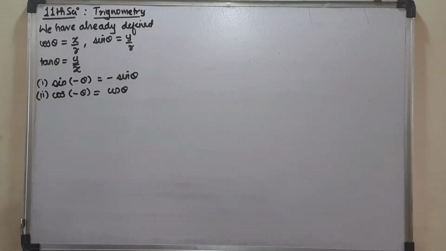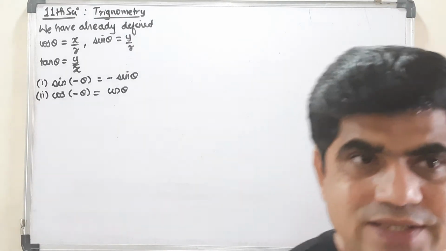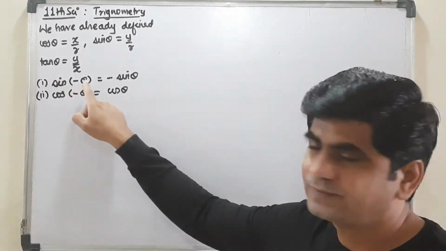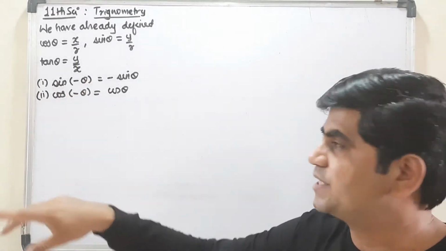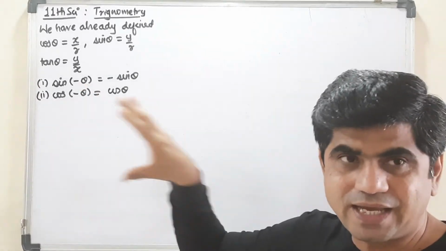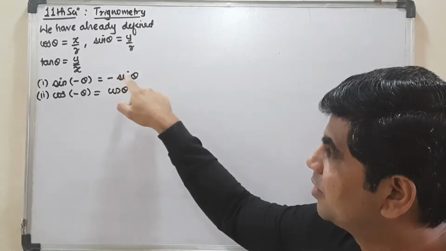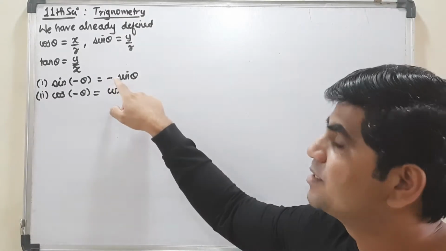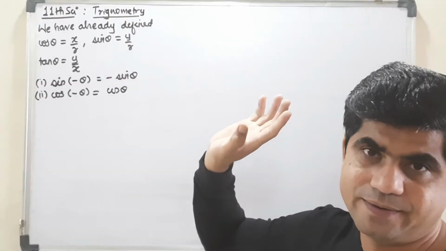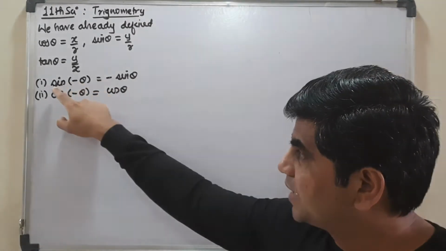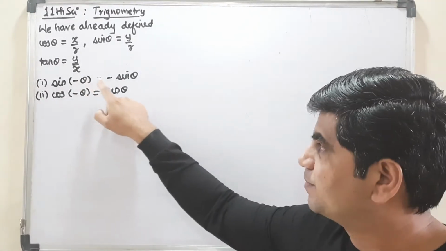But one more important thing that we saw is sine of negative angle. The ratio you get of sine of a negative angle is the same as the negative of the ratio of the positive angle of sine. That is, sine of minus theta is minus sine theta.